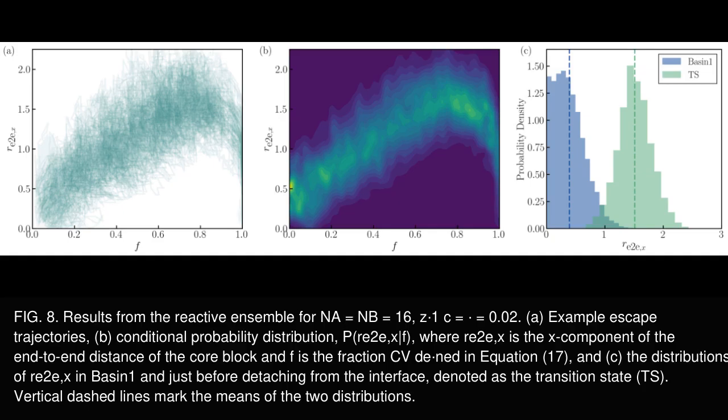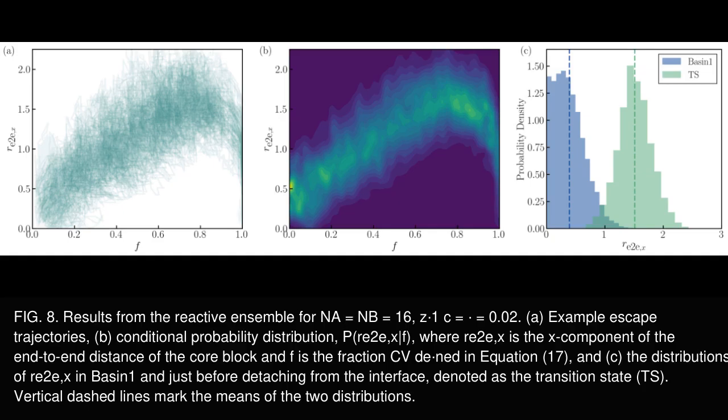Panel B shows the conditional probability distribution of the x component of the core block's end-to-end distance, Re2Ex, as a function of the fraction coordinate, which describes the progress of the chain escaping across the reaction coordinate. These plots indicate that chains primarily extend into solution, increasing both extension and fraction escaped, before ultimately folding and detaching.